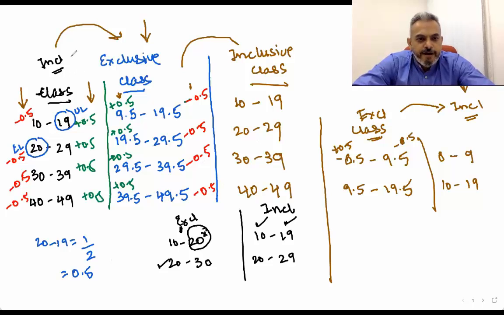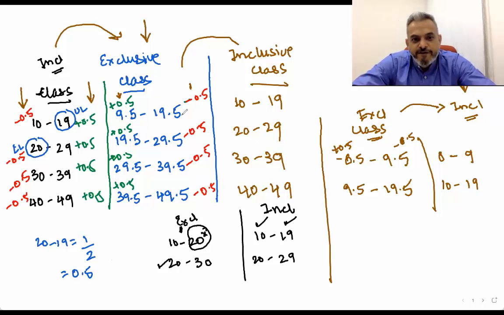So now to make it inclusive, let's go back to the previous notes what we made. Now if it is inclusive and you want to make it exclusive, what you do is you subtract 0.5 over here and you add 0.5 over here. So 10 to 19 becomes 9.5 to 19.5.